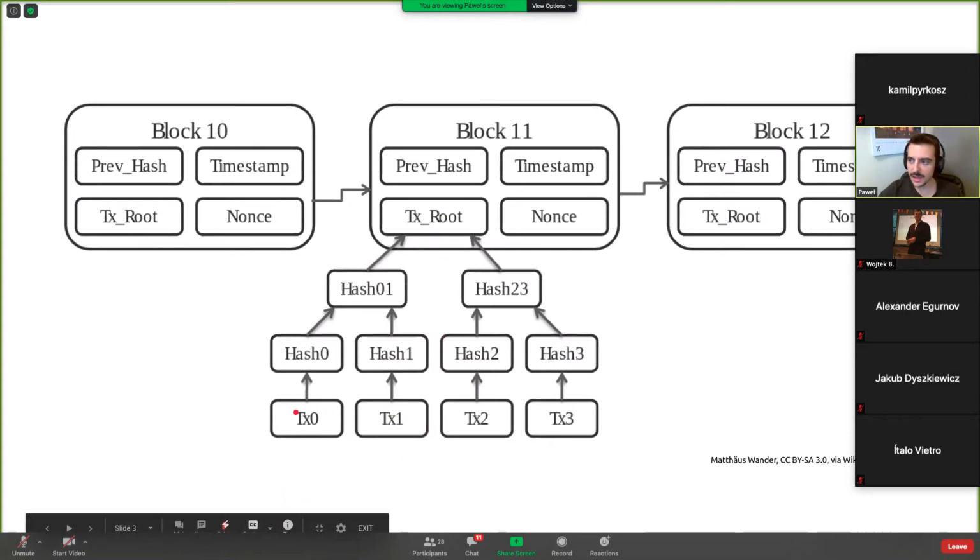And then each block has a previous hash, a hash from the previous block, which actually makes this a resilient structure to prevent manipulation after the blocks get verified and put on the network.